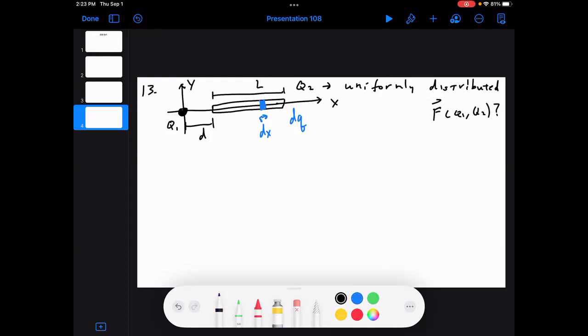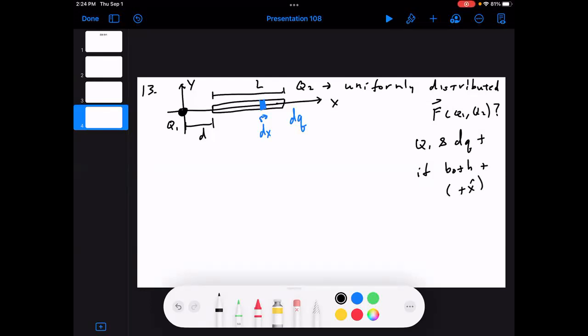Now let me ask you, if Q1 and dq are positive, there will be some force between that small chunk and the Q1 at the origin. If they're both positive, will the small chunk be pushed away from Q1 or towards Q1? Away from. Okay, so if they're both positive, it'll be pushed in the positive x direction.